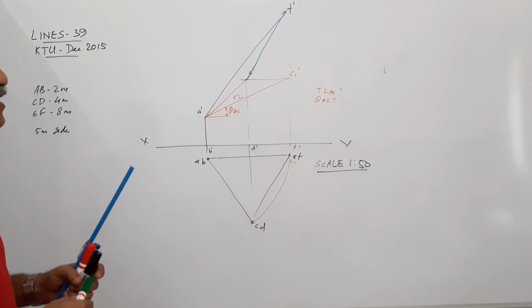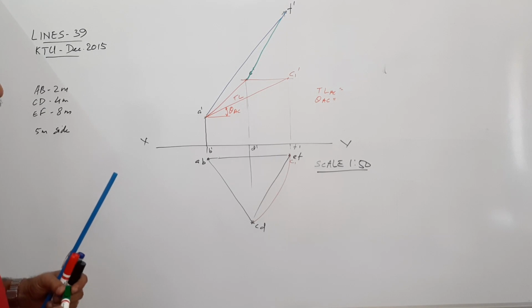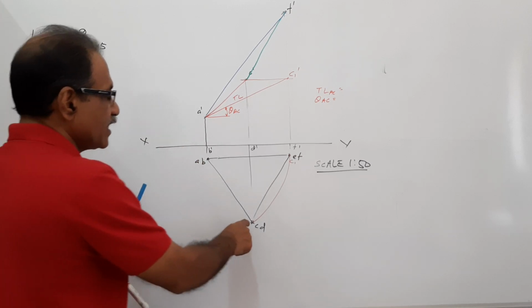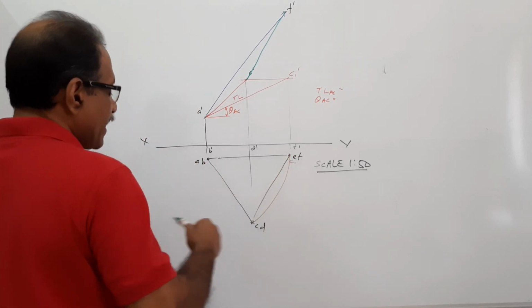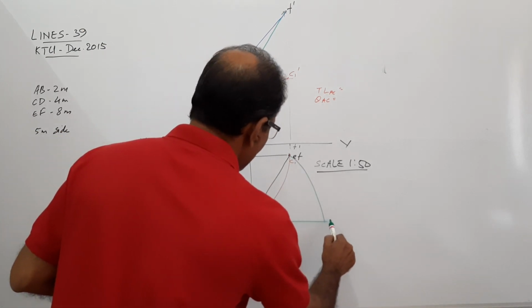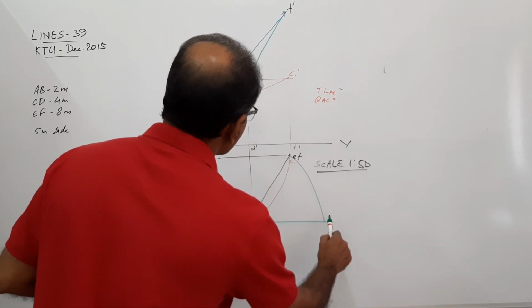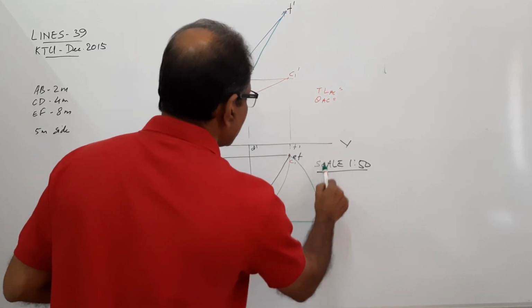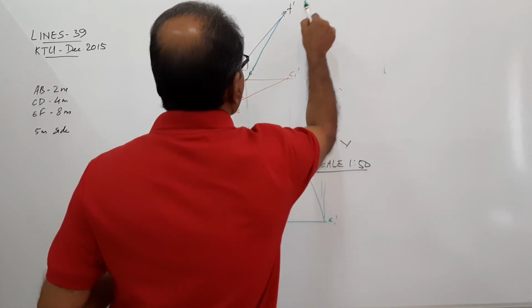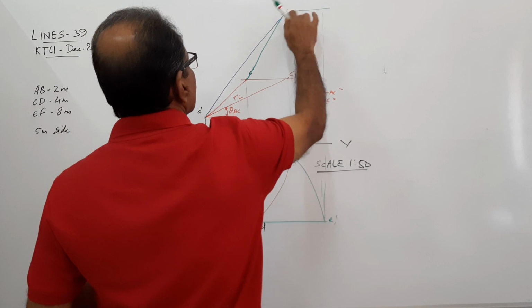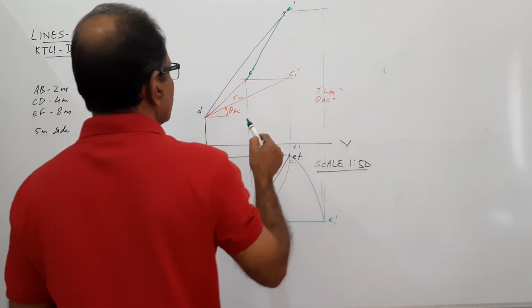What is the other task? The other task is CE. Make CE parallel to XY. E1 dash. Project it up. This is actually E dash.